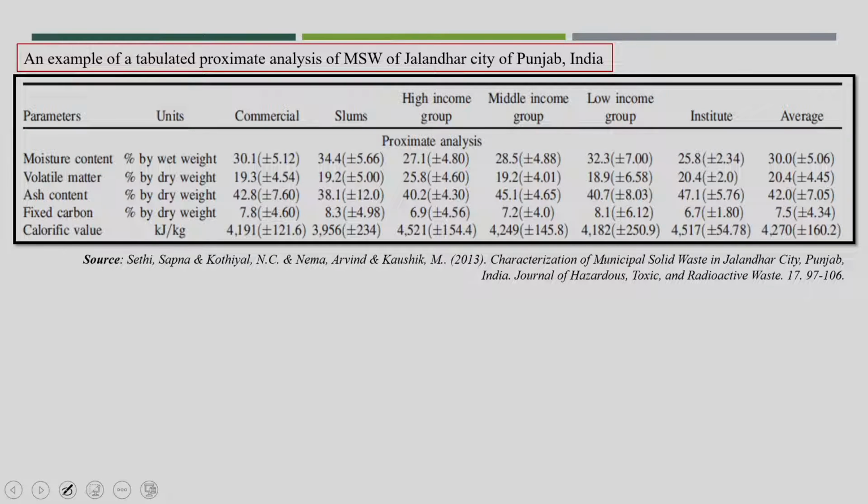This is one example of a study done for Jalandhar city in Punjab by a few authors. You can see here the proximate analysis of high income group, middle income group and low income group areas, and you see the data of volatile solids. Volatile solids for the high income group is 25%, middle income group 19% and low income group 18%. We did the sampling in different areas, and based on that the entire proximate analysis changes.